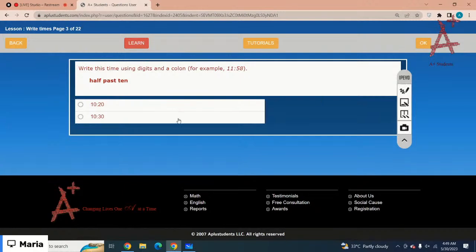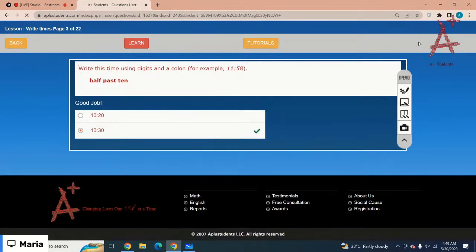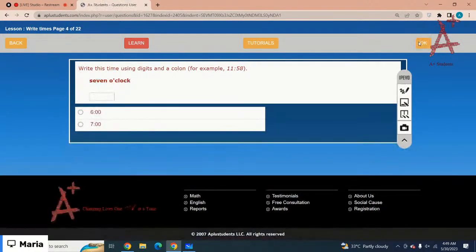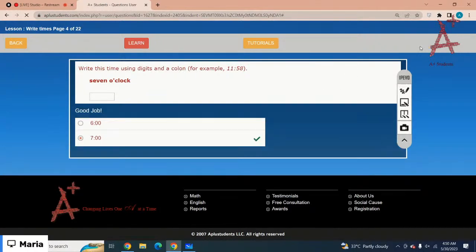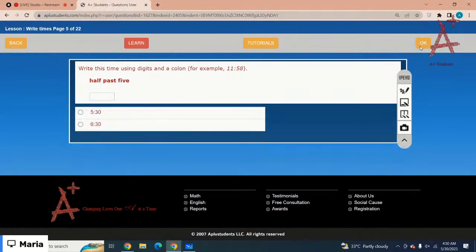Yes, that would be 10:30. Write the time using digits and a colon: 7 o'clock. That would be the second one. Okay, 5:30. Which is the correct option?